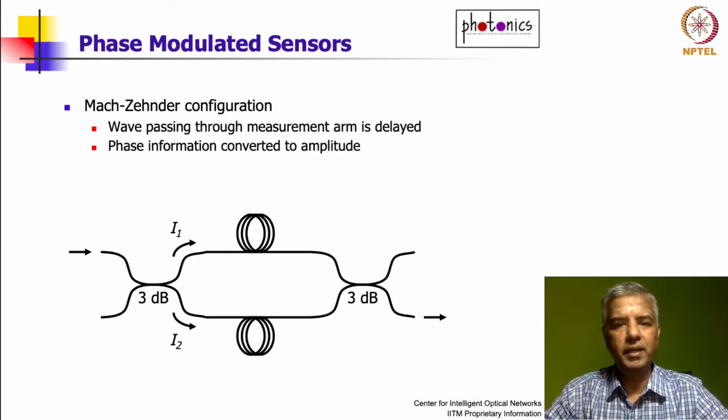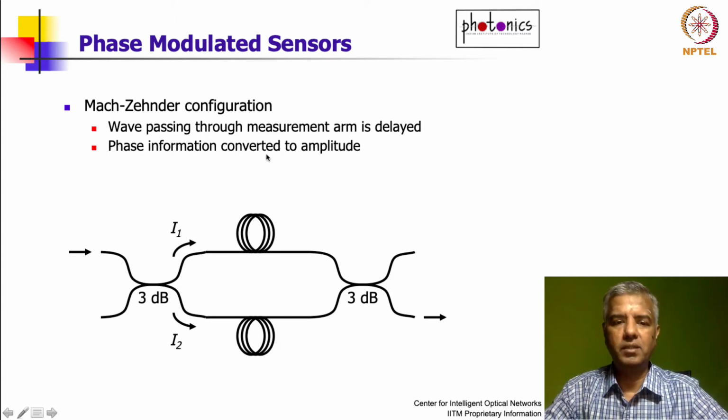A phase modulated sensor, to see how it works, consider this diagram over here. You have light coming into what is called a 3 dB power splitter. It splits the light into two equal parts, and then it goes through some length of fiber, and then it comes to another 3 dB splitter.